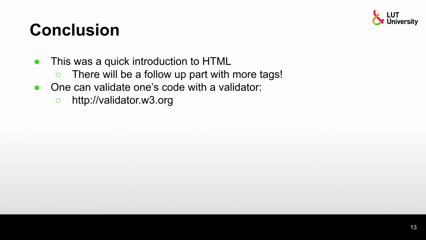There is, for example, validator.w3.org. It checks if your web page is valid HTML and gives you an error list or suggestions that these things need to be fixed before your web page validates.